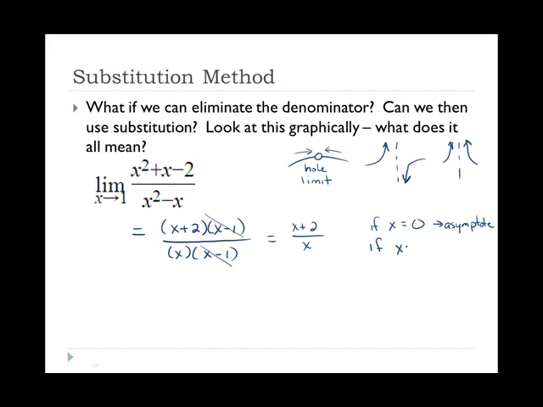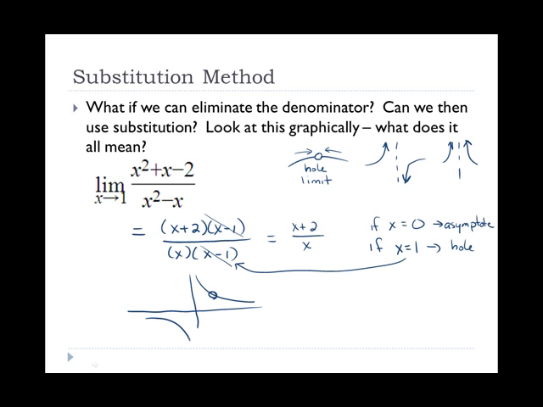And if x equals 1, we were actually able to remove that problem, and so that makes it a hole. So if you look at the graph of the original, there should be a hole right there.